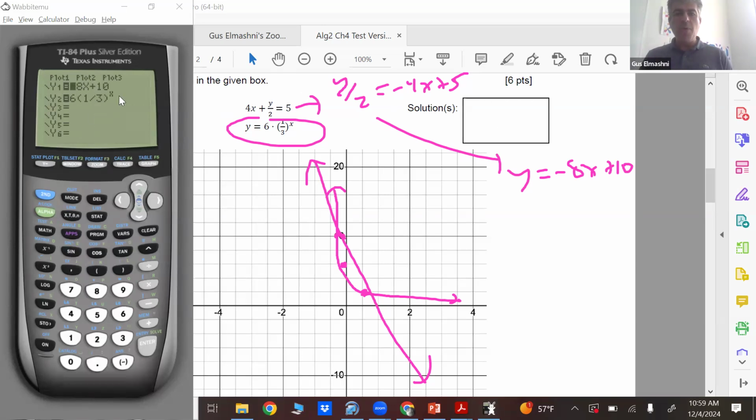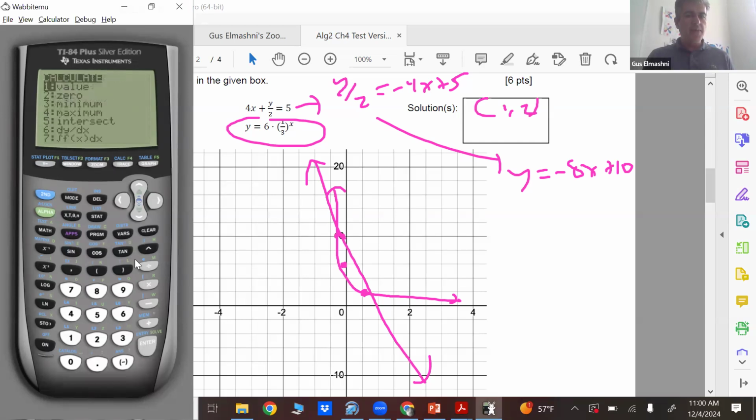Well, actually, you want to give the point the coordinates. So 1, 2. And then I think there was a second point of intersection.